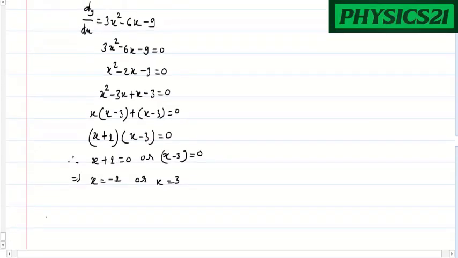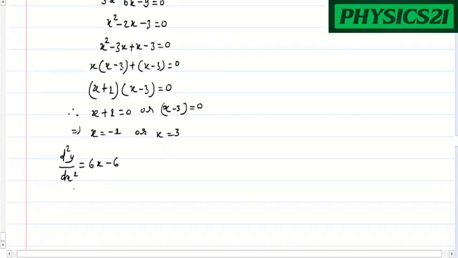Now to find maxima and minima, we'll calculate d2y divided by dx squared, which means we further differentiate. As we differentiate this with respect to x, we get 6x minus 6.